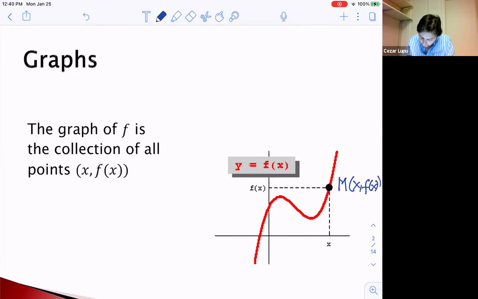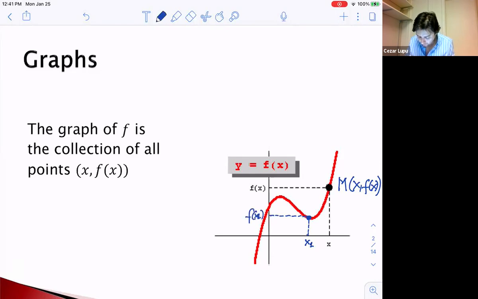So that, right? The graph of f, we say that is the collection of all such points. For example, let me draw another one here. For example, we have another one here, right? If you look at this dot in blue, everybody can see it, I hope. You will have another point, let's say x1. And here I'll have f of x1, right?